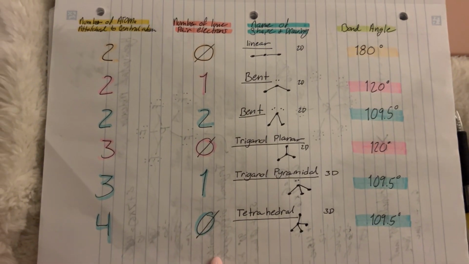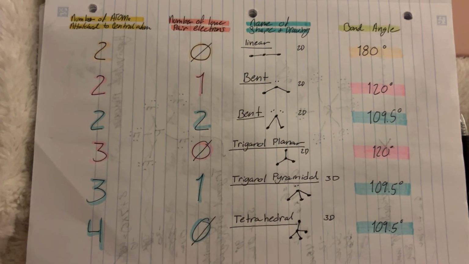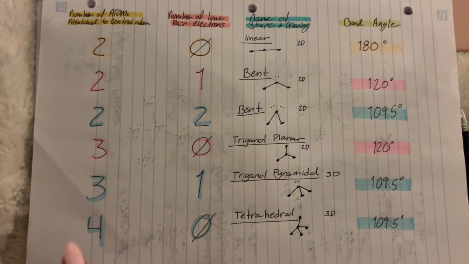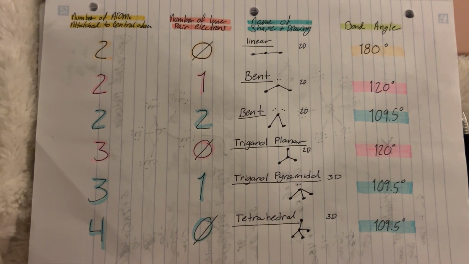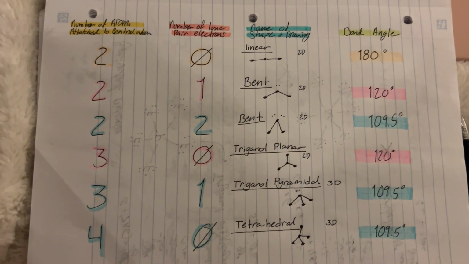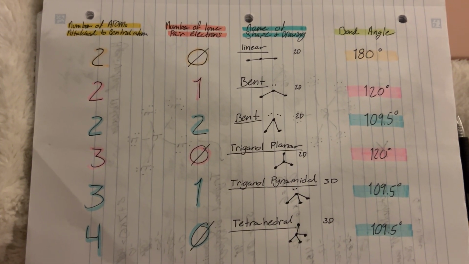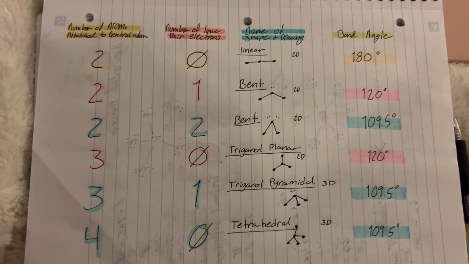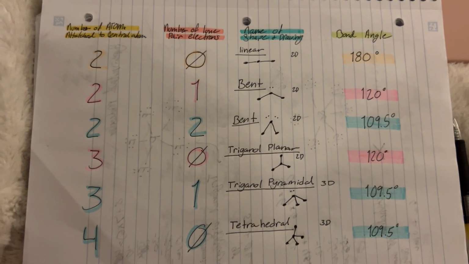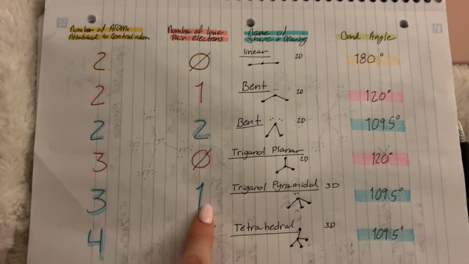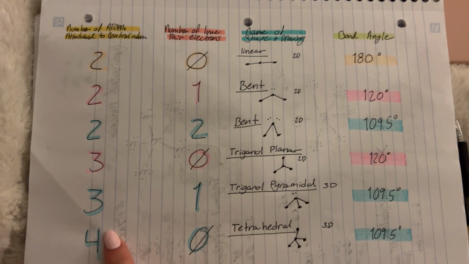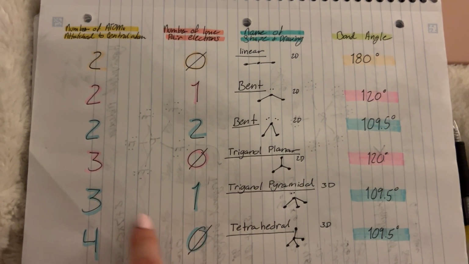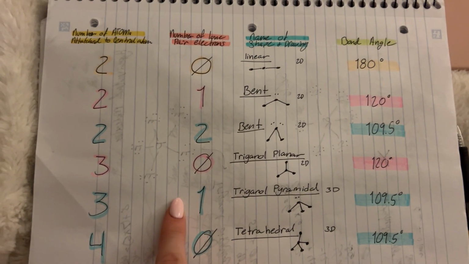Lone pairs happen when you go through bonding and you have leftover electrons, and you put them on your central atom. Say you have a central atom with one bond and 2 atoms, you fill out 6 electrons per atom, and then you have 2 left over.